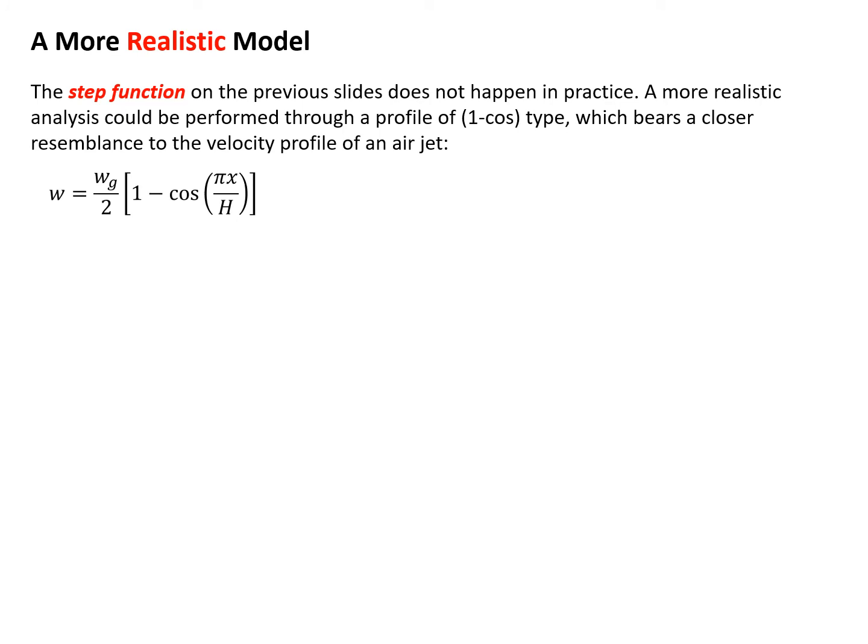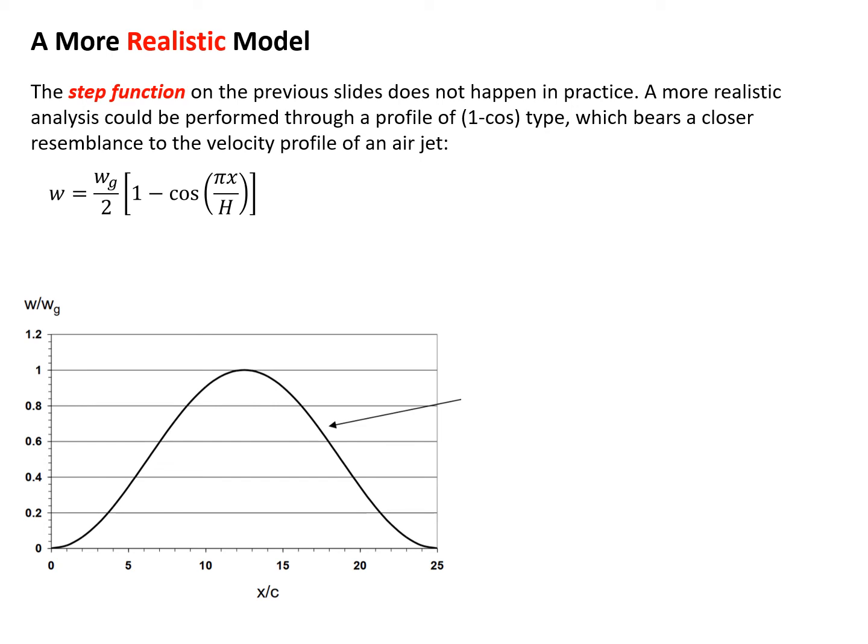So this is the expression for the vertical gust velocity profile distribution, and we can see it's related to the gust magnitude and also h. Let's see what the meaning of h is, but before that, let's first see the velocity profile distribution.